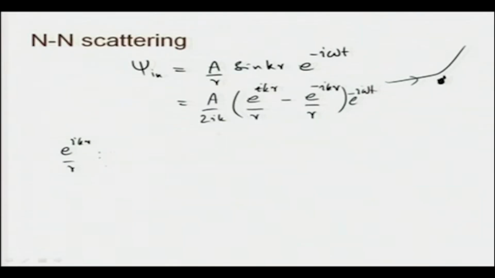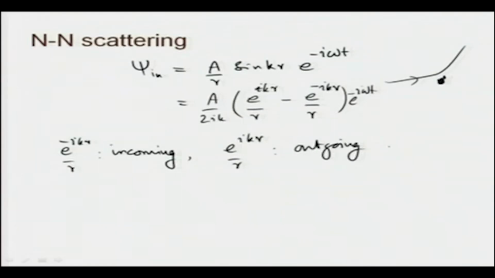In general, e power minus i k r over r corresponds to the incoming spherical wave, and e power i k r over r is the outgoing spherical wave.